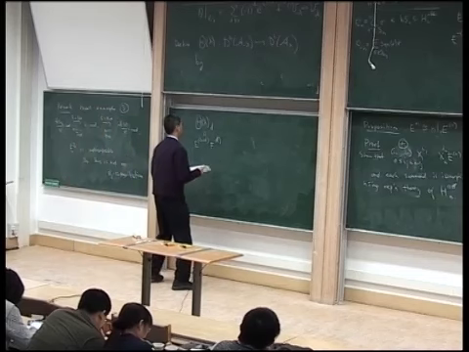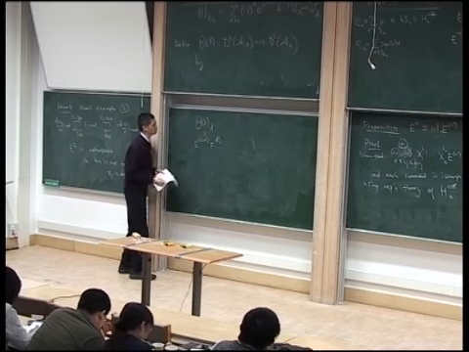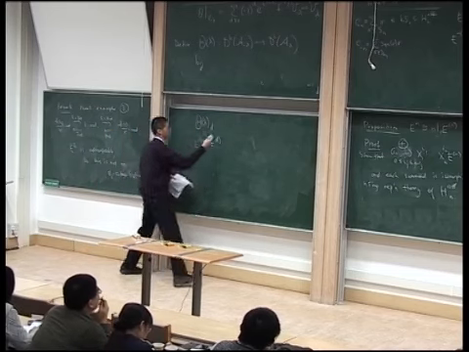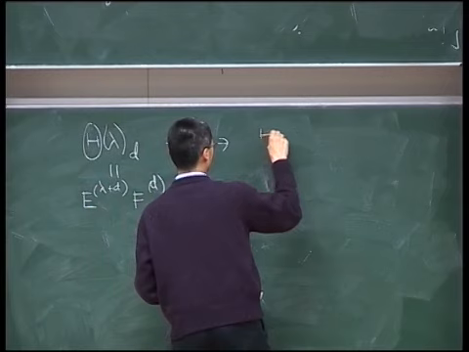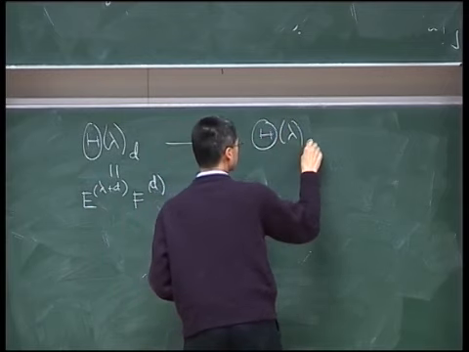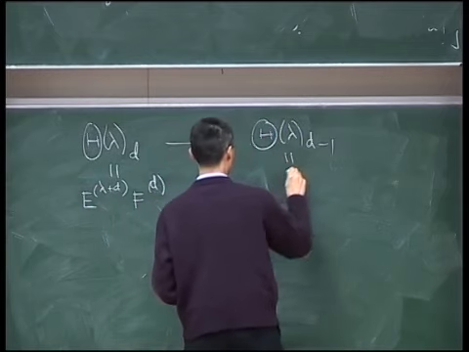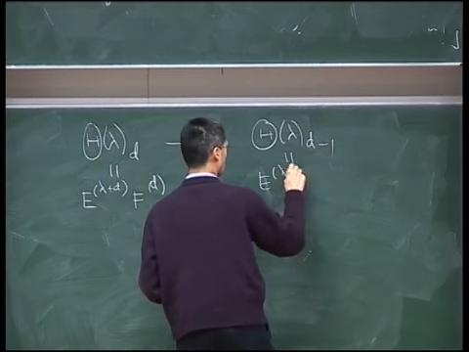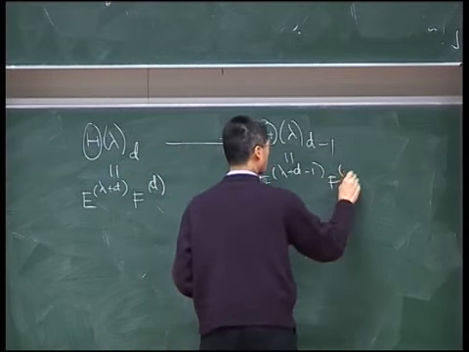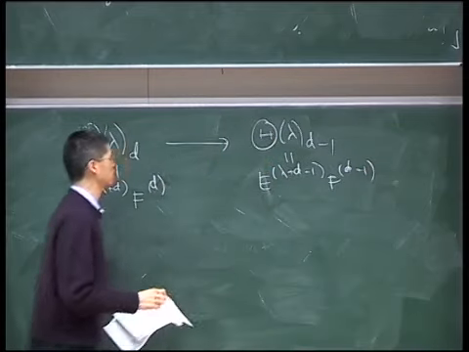I'm going to write it as a chain complex instead of a cochain complex, I suppose. And the next term is then going to be this one here. And we have to define, of course, the differential.